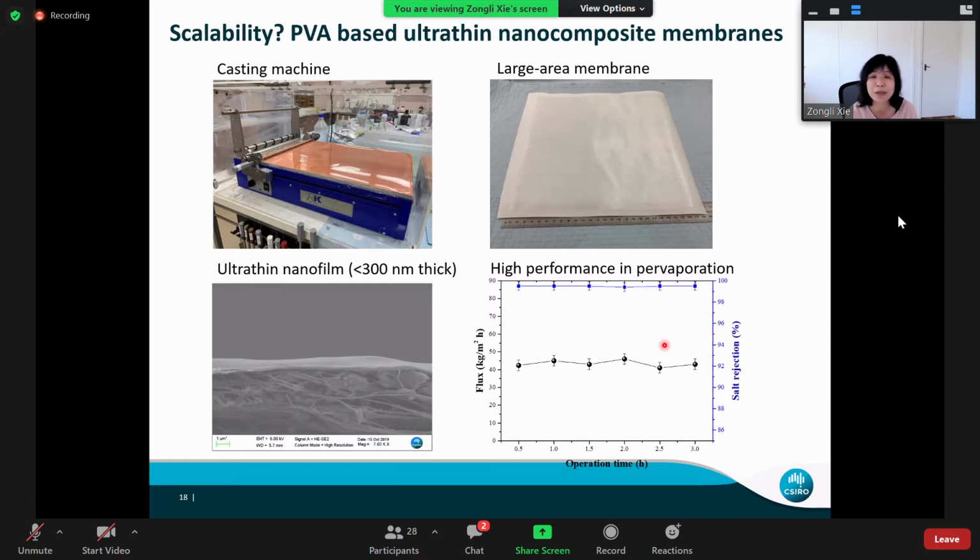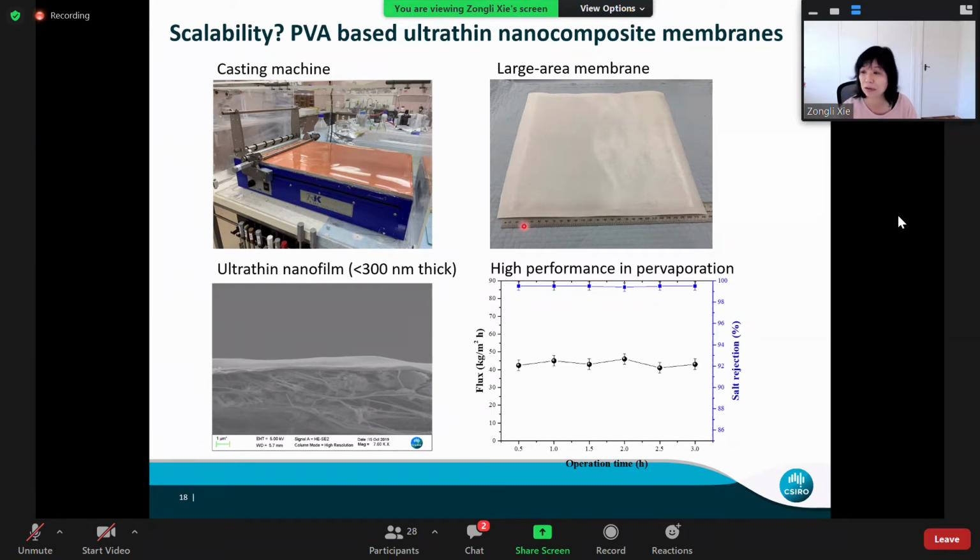Then we explored how easy it is to scale up. Of course, it is still limited by the facility we have. But we are able to scale up this membrane from initially a coin size, up to where we are comfortable making A3 size, using a semi-automated casting machine.